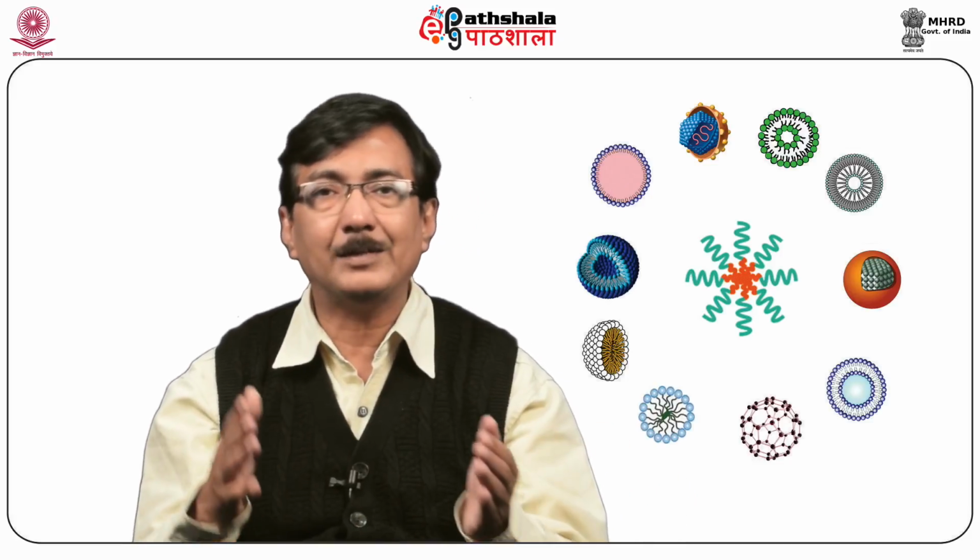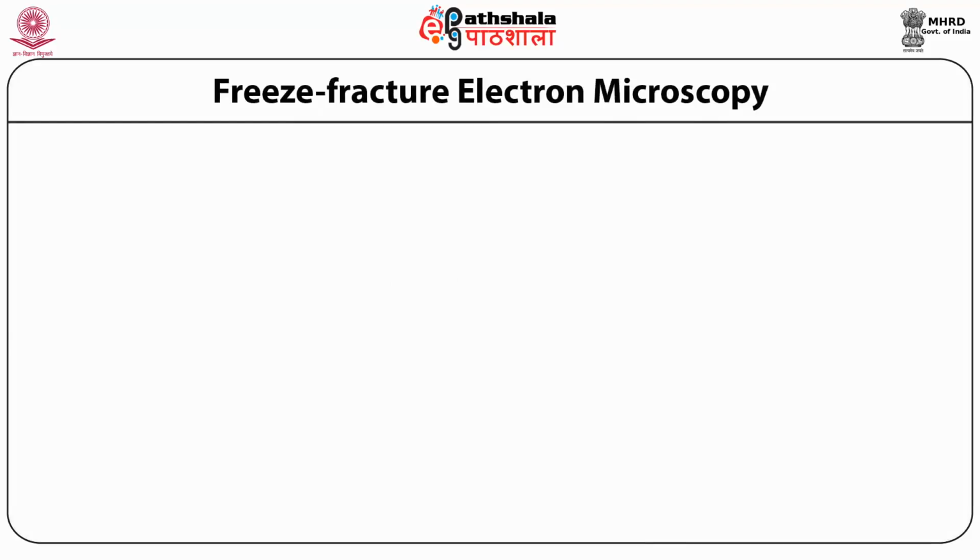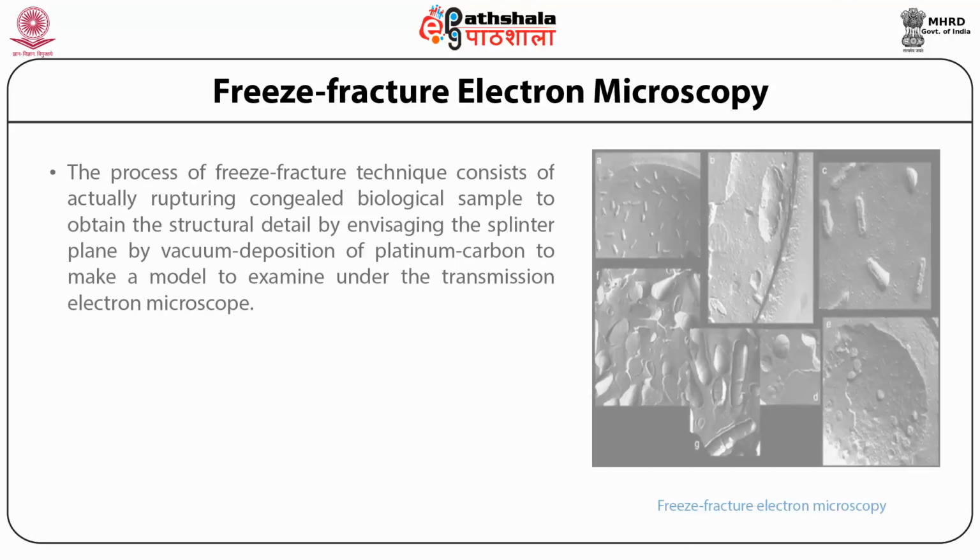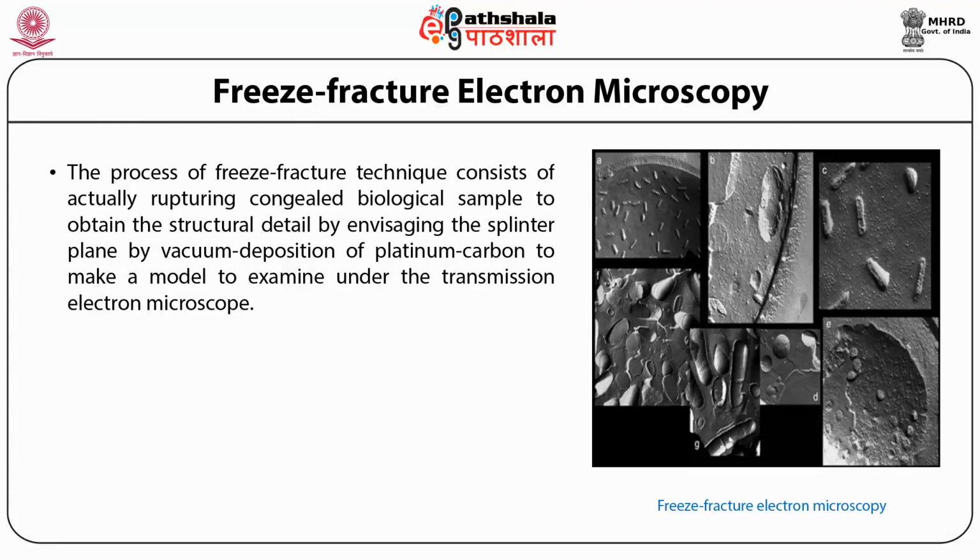for additional analytical measurements. If you see in the image, that is the image of a freeze fracture electron microscopy of a surface sample. The process of freeze fracture technique consists of actually rupturing a congealed biological sample to obtain the structural details by envisaging the splinter plane by vacuum deposition of platinum carbon to make a model to examine under the transmission electron microscope.